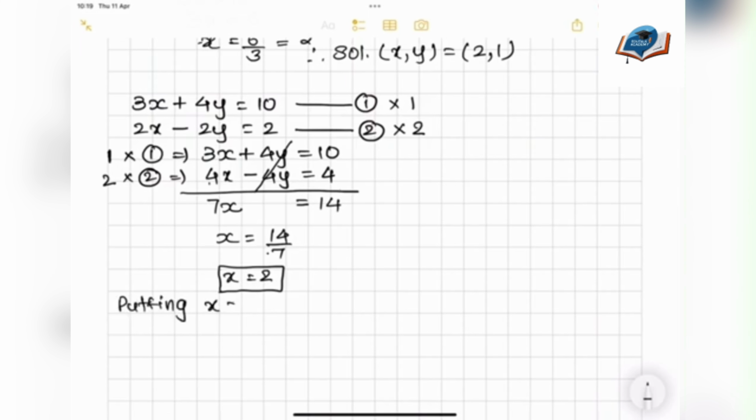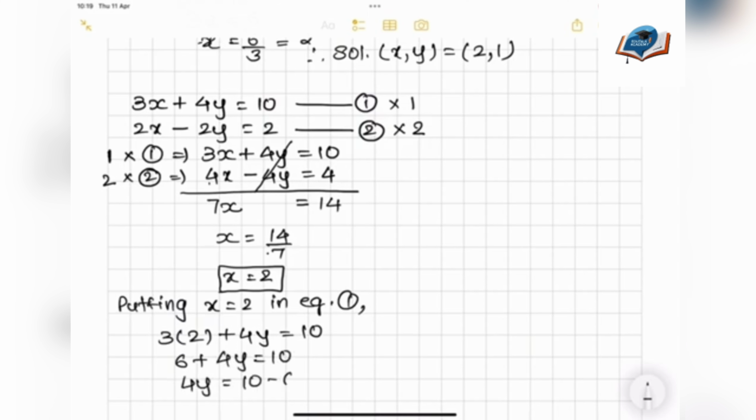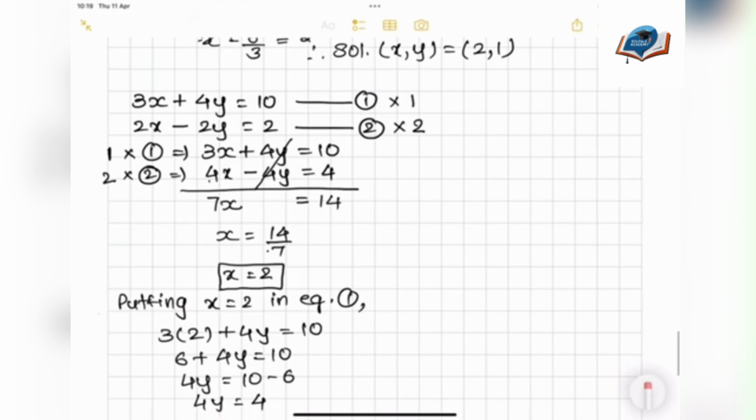Now I got the value of x. Now I will be putting the value of x equal to 2 in any one equation. So putting x equal to 2 in equation 1, 3 into 2 plus 4y equal to 10. So I will have 6 plus 4y equal to 10. So 4y equal to 10 minus 6. So 4y equal to 4.